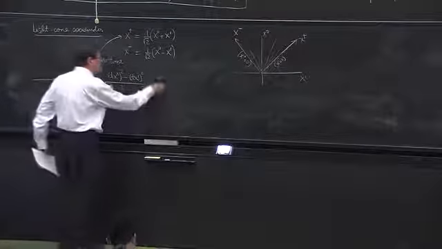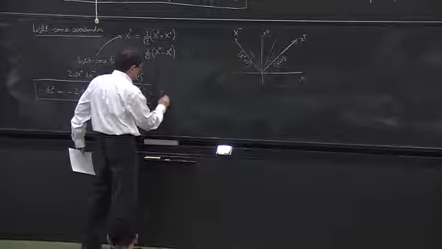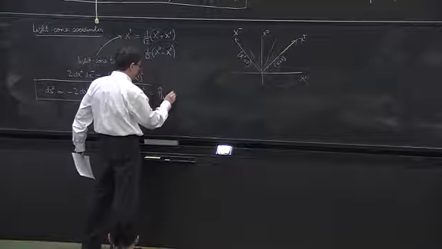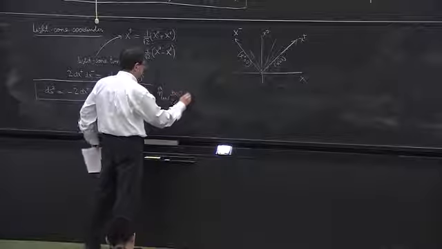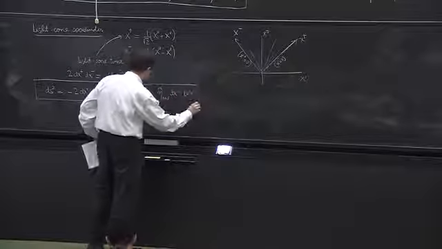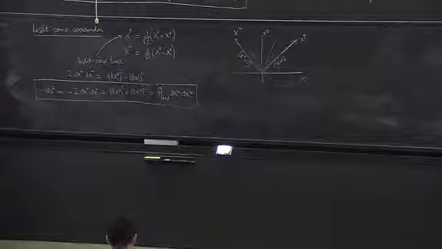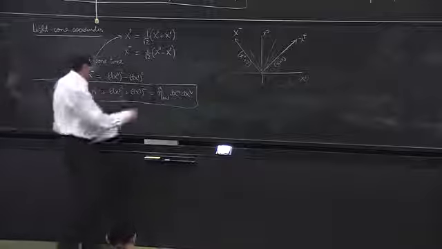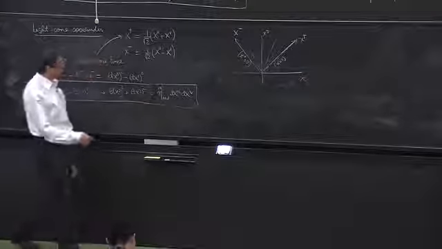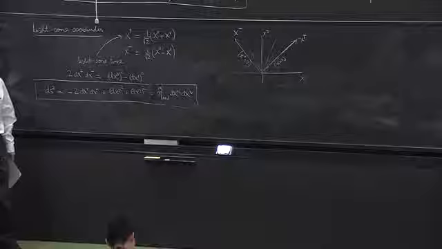I'll put one more equality here. This will be the light cone metric like this. I put a hat to distinguish that it's a light cone metric. And now the indices maybe should have hats or should use a different label, but I won't bother.